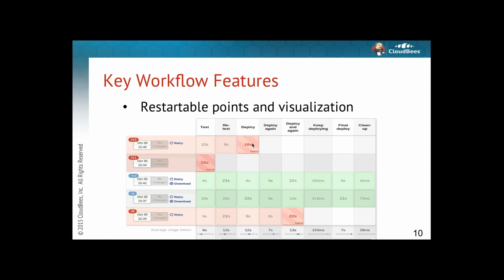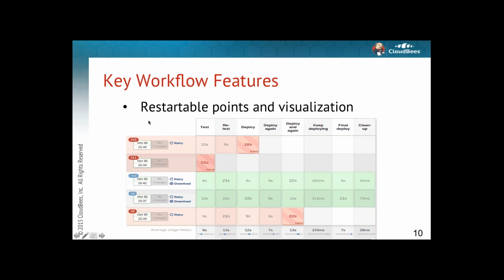You have durable build steps to help you if the master itself goes down, but you'll need something else to help you in the case where you don't want to waste time rebuilding and retesting. Of course, in this dummy demo, each step ran for 10 seconds, but in real life, unfortunately, builds don't run quite that fast. So one of the value adds the CloudBees platform offers for workflow is called checkpoints.